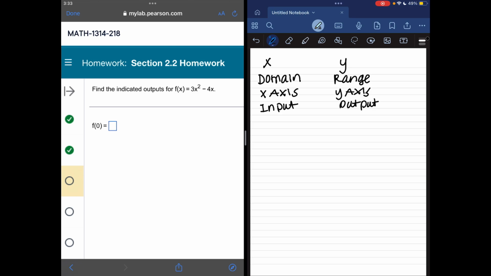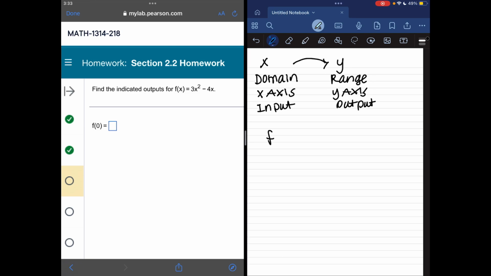So you have an input that becomes an output, and it's based on the function. When you have f of x, we indicate that that's going to equal y. This is the x value, so it indicates some value, whatever's given to you.